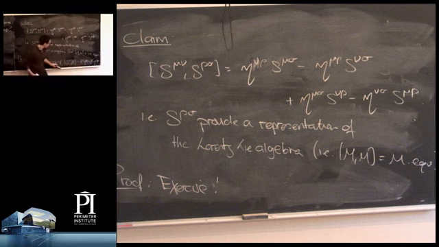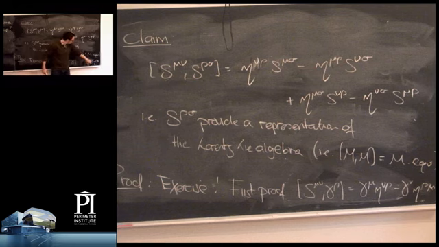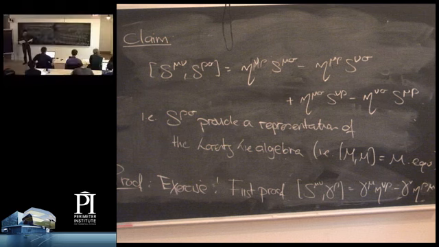Let me just read this out if people can't see it. This is an S with a mu nu index commuting with a gamma with a rho index. And it's equal to gamma mu eta nu rho minus gamma nu eta rho mu. A lot of Greek, yeah, exactly.